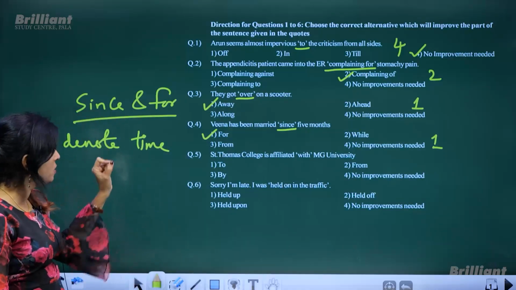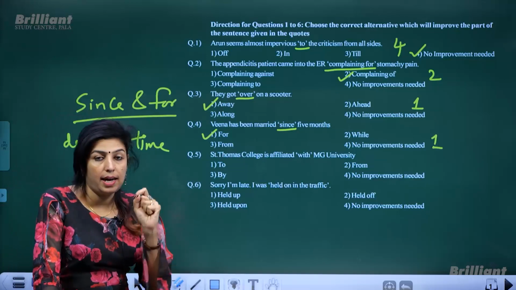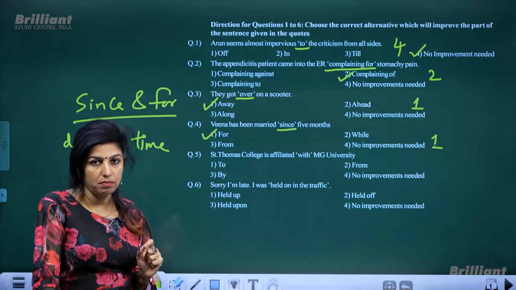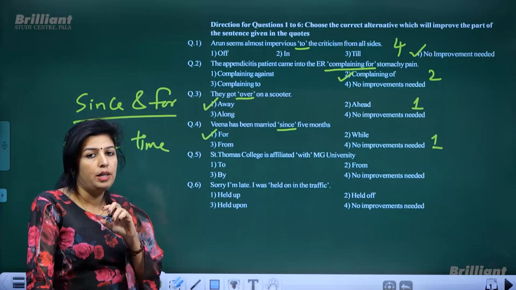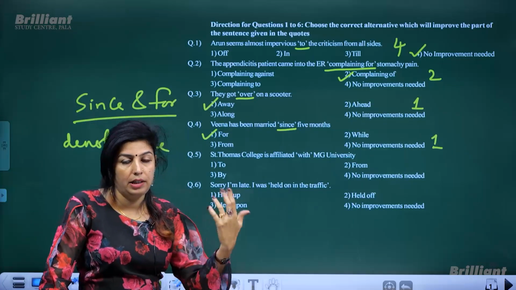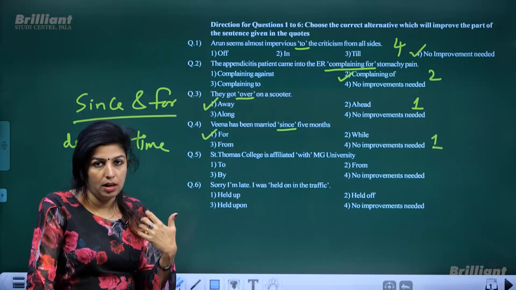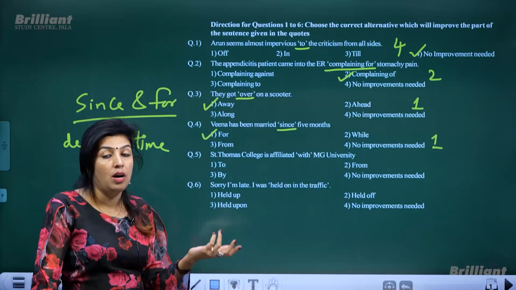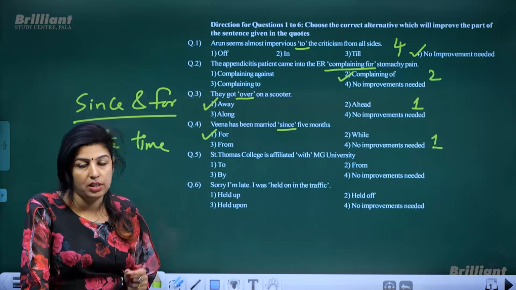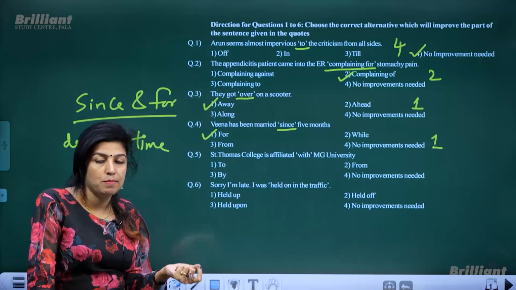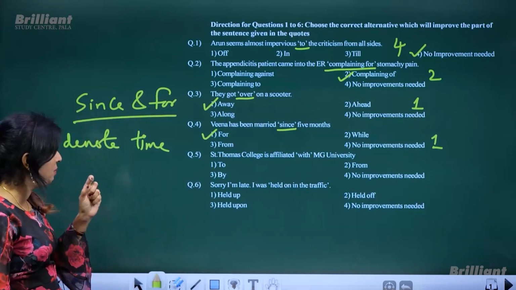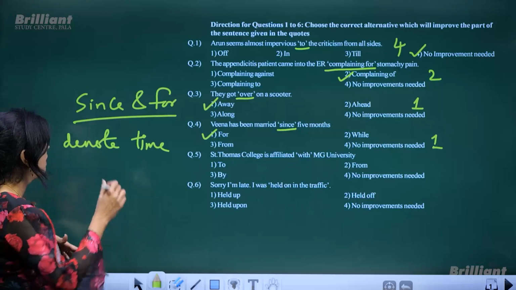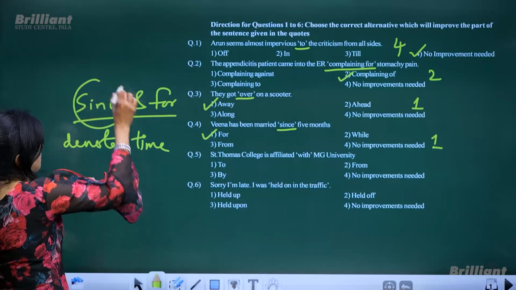Suppose we speak about an exact point of time. Exact point in the sense that it could be a year like 1920 or 2018 or 2005, or an evening, or even 5:30 p.m. or 6 a.m. If you have an exact point of time, we can use since.